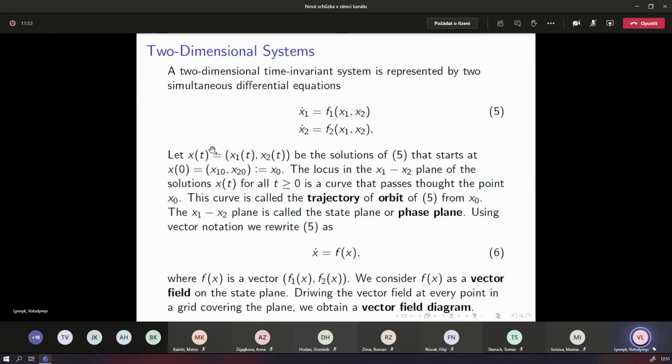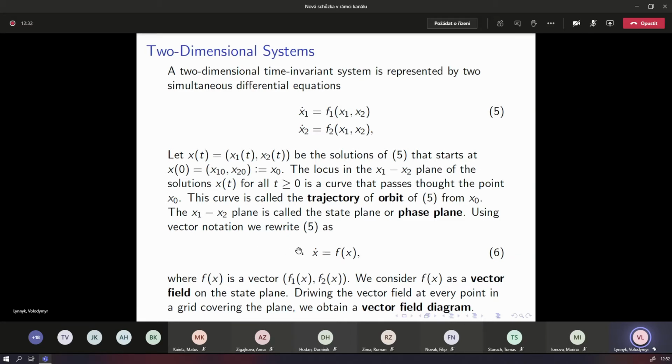Let x of t equal x1 of t, x2 of t be the solution of equation 5 that starts at x0, and the locus in the x1-x2 plane of the solution x of t for all t greater than or equal to 0 is a curve that passes through the point x0. This curve is called the trajectory or orbit of equation 5 from x0. The x1-x2 plane is called the state plane or phase plane.